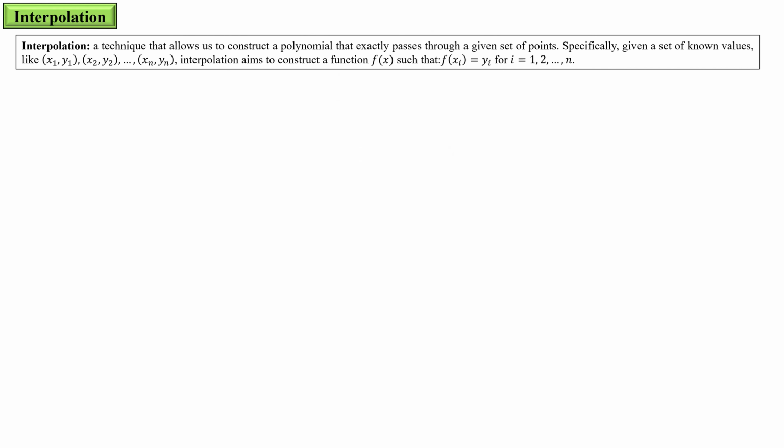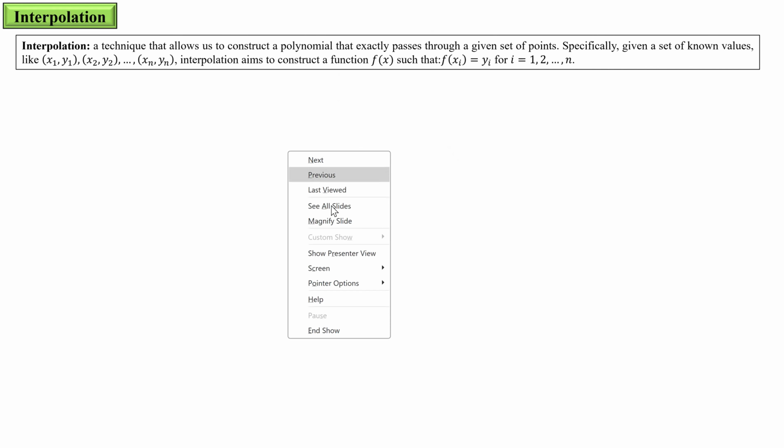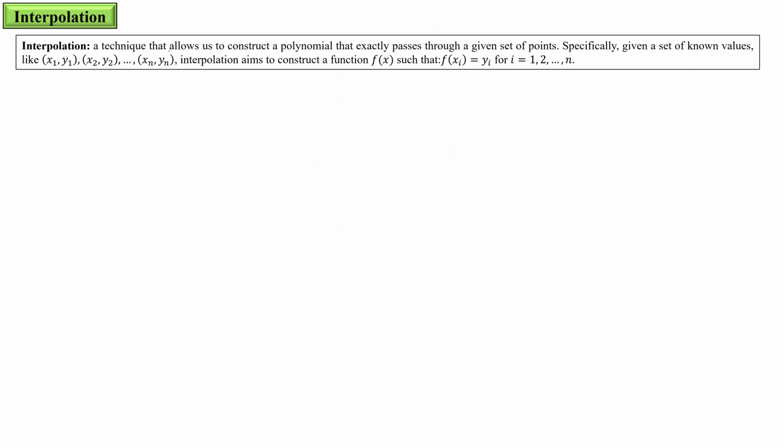What is interpolation? Interpolation is a technique that allows you to construct a polynomial when you have a set of points for such a polynomial. For instance, suppose that you have a set of points like x1, y1, x2, y2, and so on up to xn, yn.